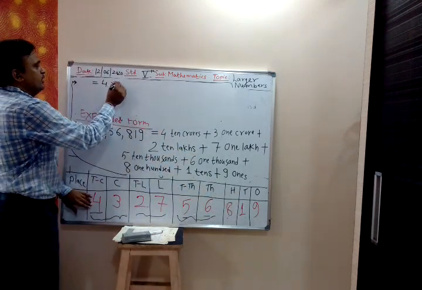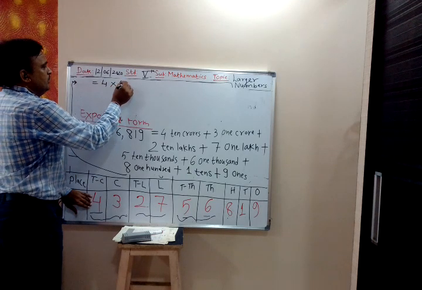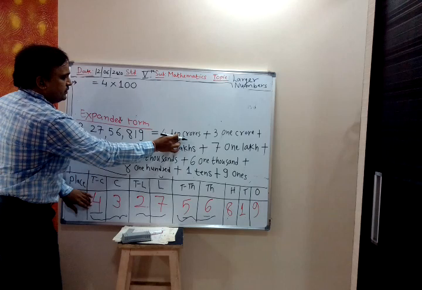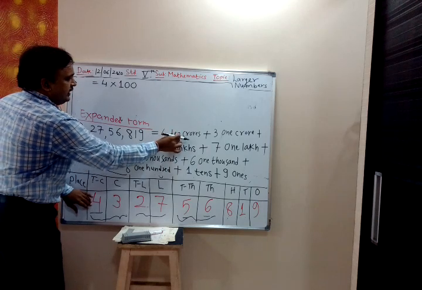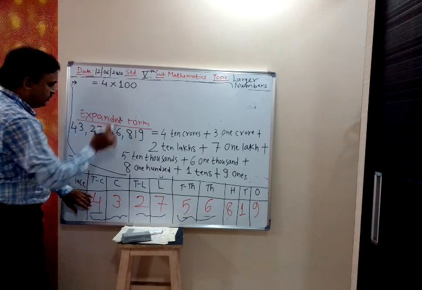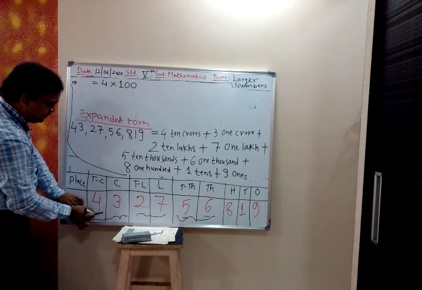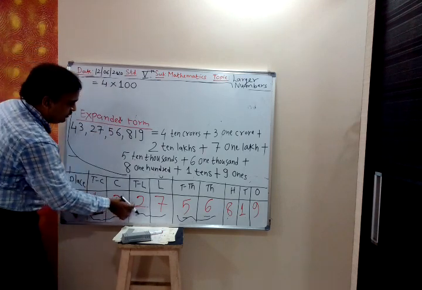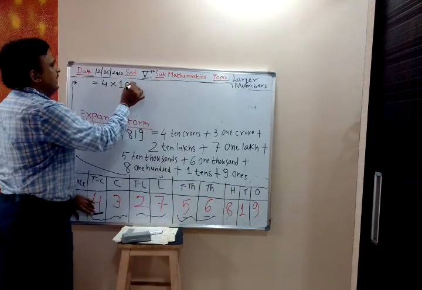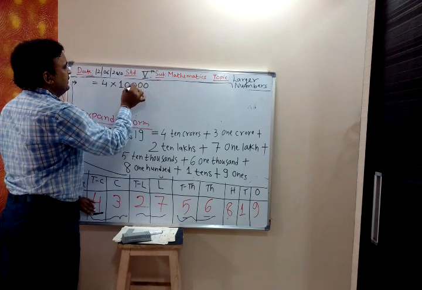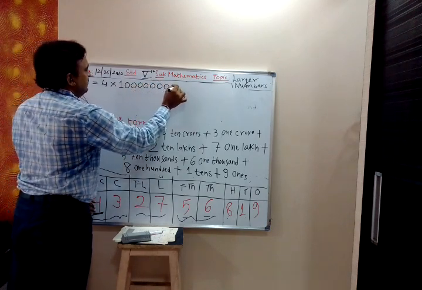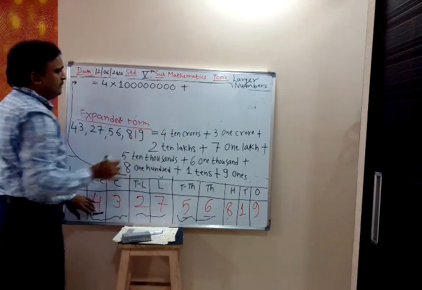So 10 crores will have 8 zeros. 4 ten crore means 4 into 10 crore, and 8 zeros will be there.